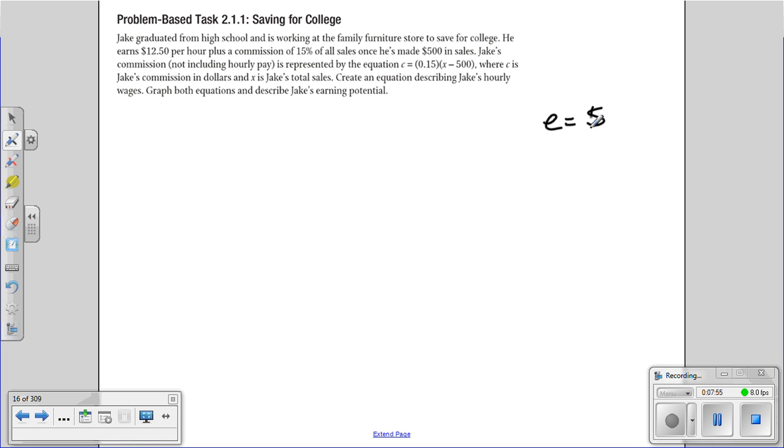And that's how much money he's going to make. And it's based on hourly, so I'm going to put, again, T for the time in hours. And then I'm also going to say S for how much he actually sells. Okay, so those are the things that we're looking at here as well.